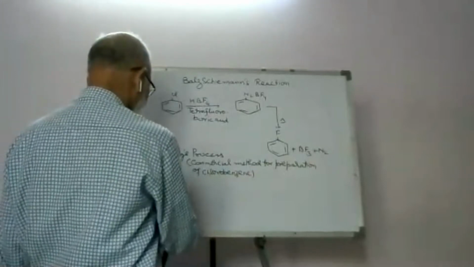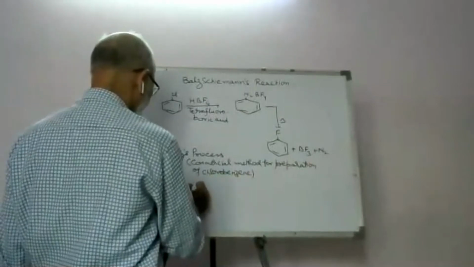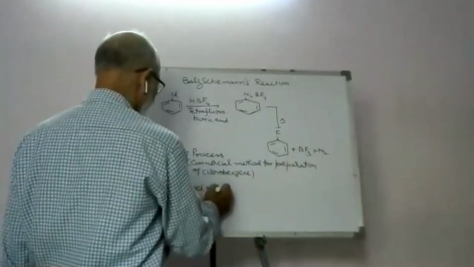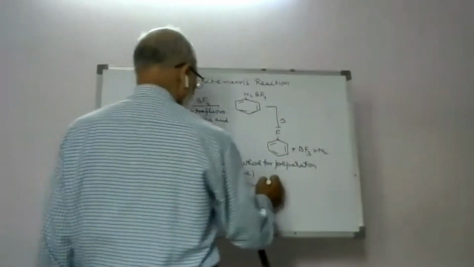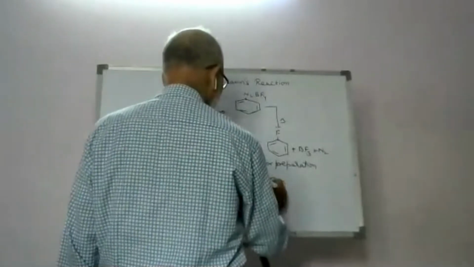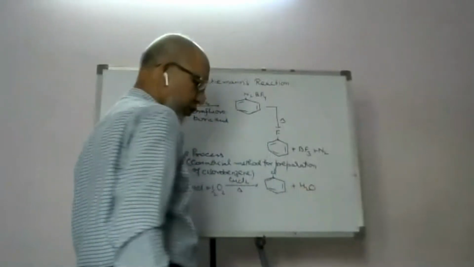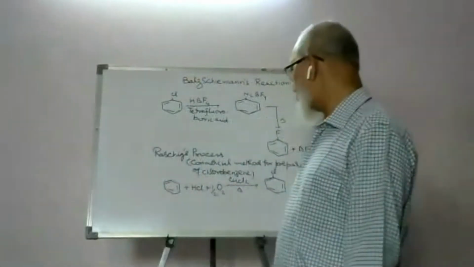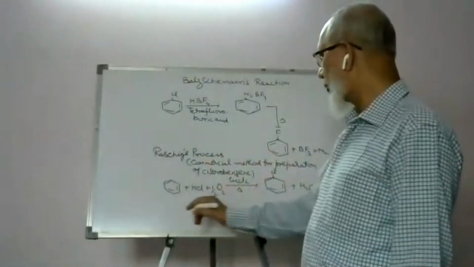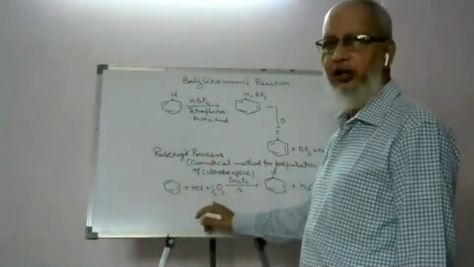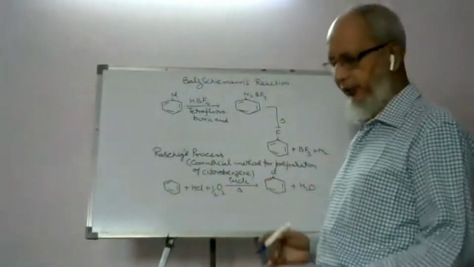In this method, benzene is heated with hydrochloric acid gas in presence of oxygen, and using cupric chloride as catalyst, we get chlorobenzene plus water. So in Raschig process, which is used as the commercial method of preparation for chlorobenzene, we heat benzene with hydrochloric acid gas and oxygen in presence of catalyst cupric chloride to give chlorobenzene.